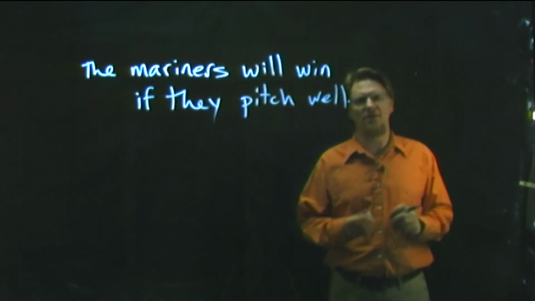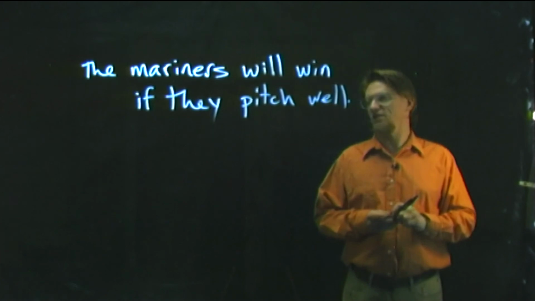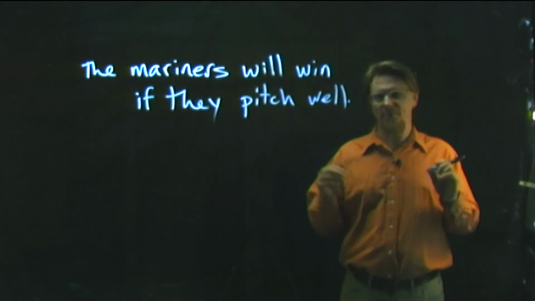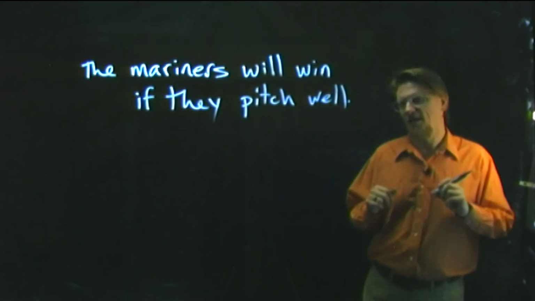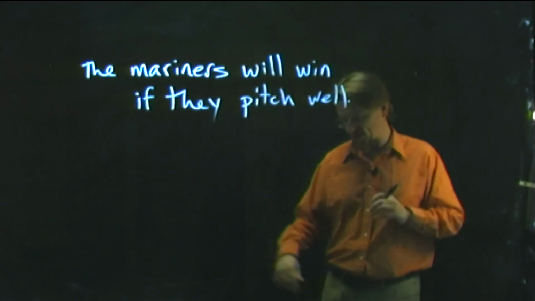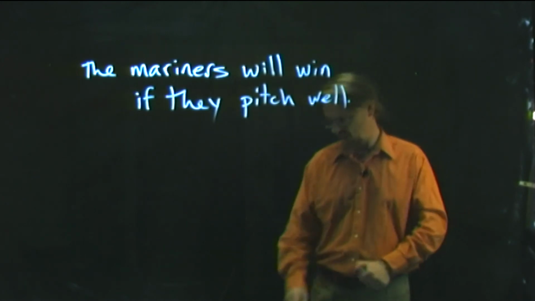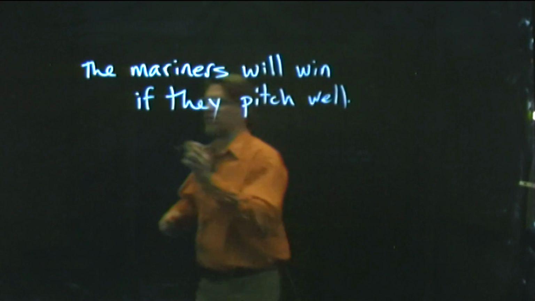So I might say the Mariners will win if they pitch well. And so what I'm telling you here is that before you would translate this sentence into standard form, you'd actually want to rephrase it here. So I'll actually go ahead and use a different color.